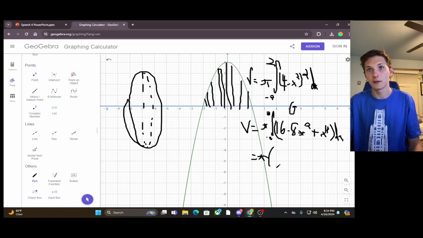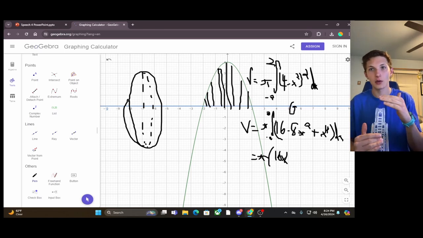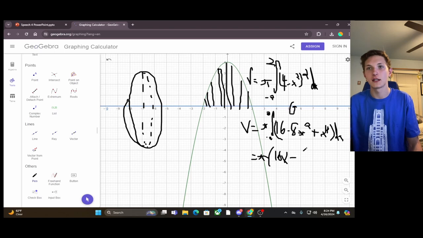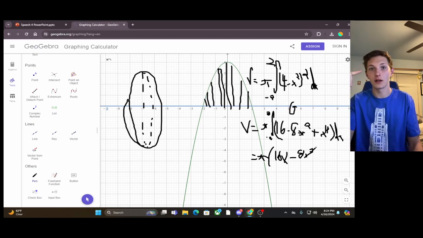So we have 16x, which is, we're undoing that process, so we're getting back to the slopes. 16x minus 8x cubed, because we're adding 1, if you haven't noticed that.